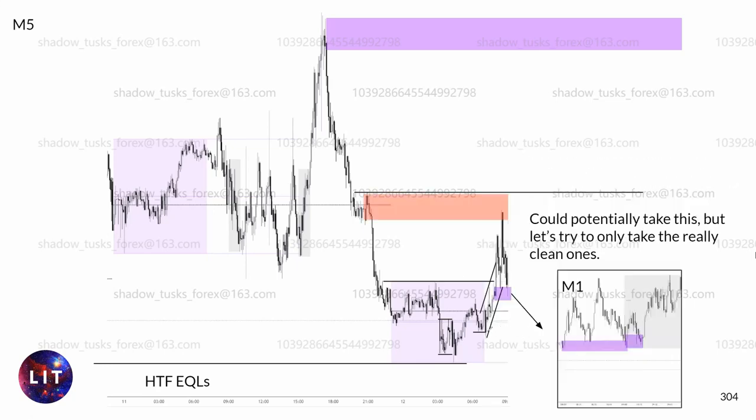We identified this liquidity, little FU into continue higher. Obviously nothing that you would trade right here. Ideally, you don't really want to be trading until our first timing window, which is of course Frankfurt. And then again, we give the false reaction off of this liquidity. Okay, makes a lot of sense.